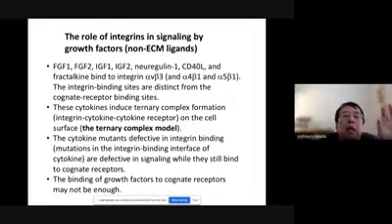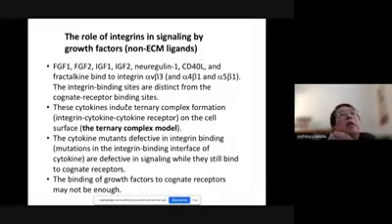This is the conclusion, and it is very important: complex formation is very important for the signaling function. So when we make a mutant that cannot bind to integrins, that turned out to be an antagonist. So this is a very nice strategy to make a potential antagonist.